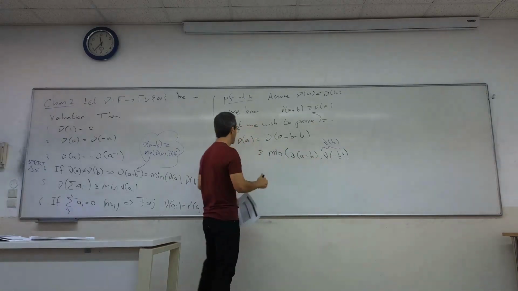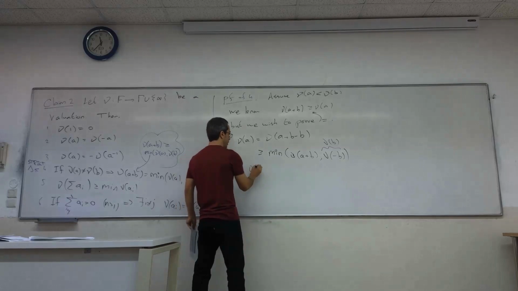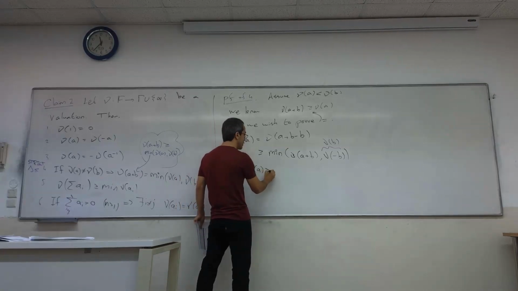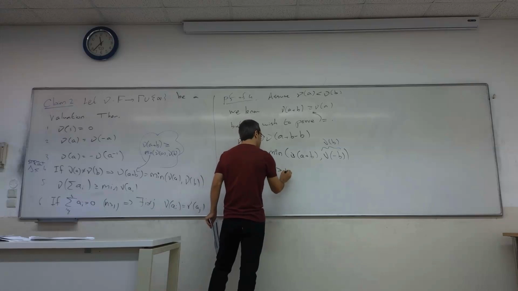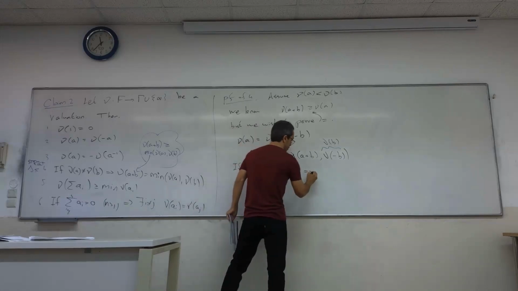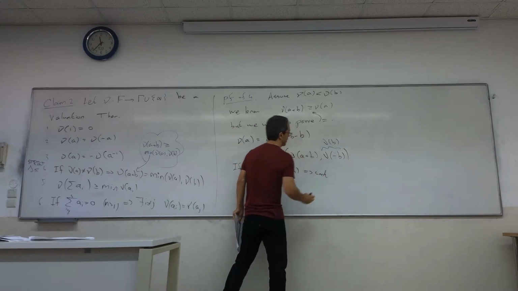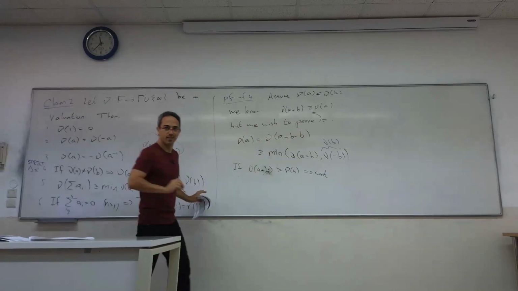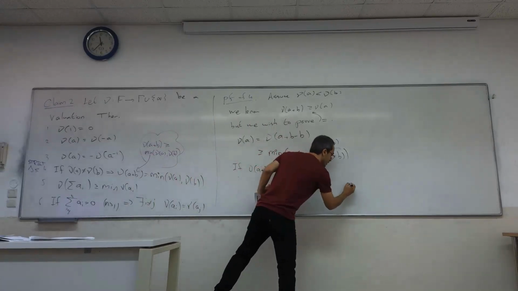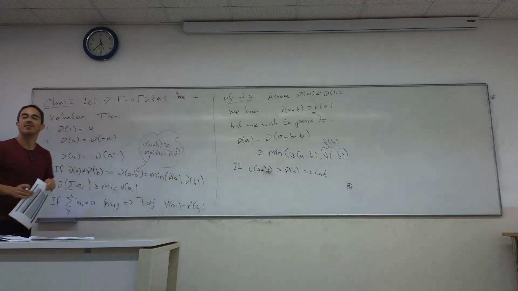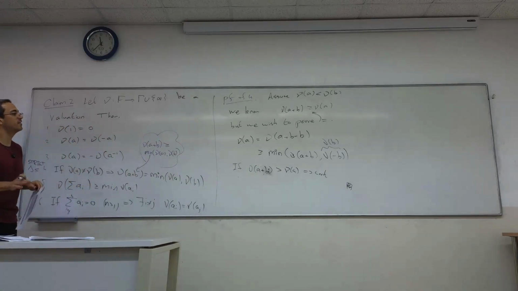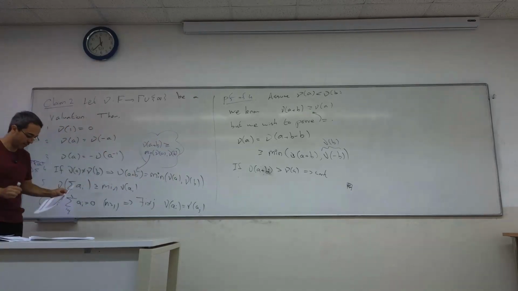It's hard to do that. So if V of A plus B would have been larger than V of A, you get a contradiction. That's it. It's a little bit tricky because you need to set it up the right way and then see when it's done. But otherwise, simple.